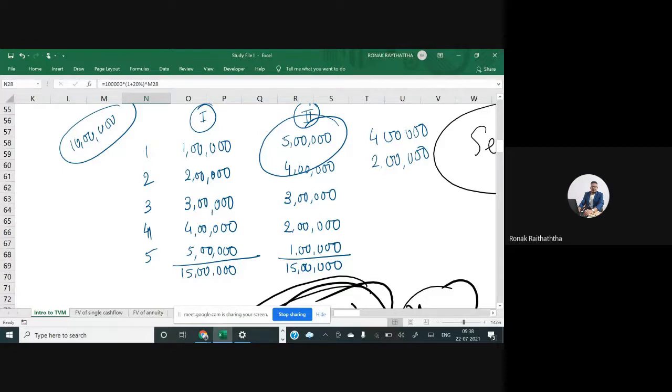But alternative number 1 will generate the additional money in year number 4 and year number 5, 4 lakh rupees, but that will generate the interest of only 1 year, right? So whether the interest of 5 years and 4 years will be higher, or the interest of 2 years and 1 year will be higher, obviously the interest of 5 years and 4 years will be higher.